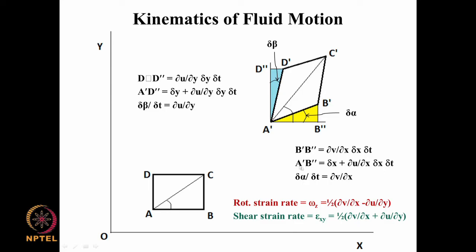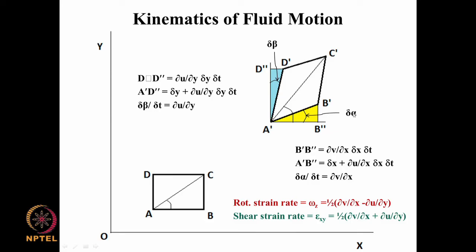So you can say that A prime B double prime is still about delta x, and so an estimate of delta alpha is B prime B double prime divided by A prime B double prime. So that is ∂v/∂x times delta x delta t divided by delta x. So this delta x and this delta x cancel out, and you get delta alpha will be equal to ∂v/∂x times delta t.